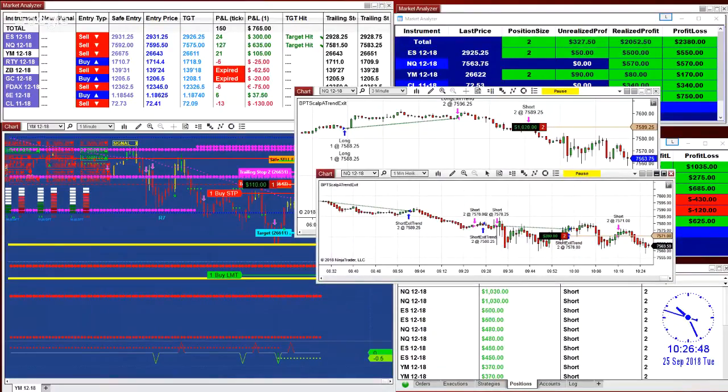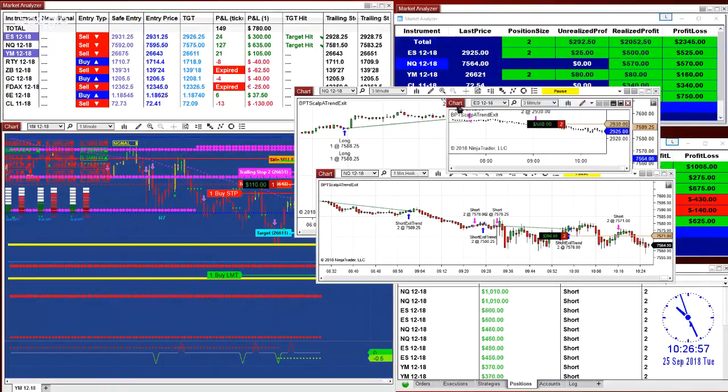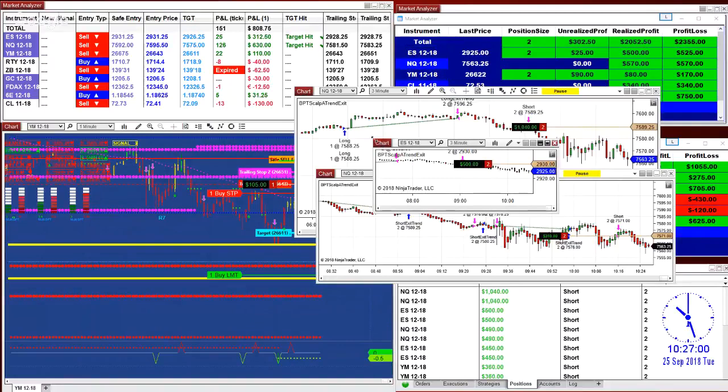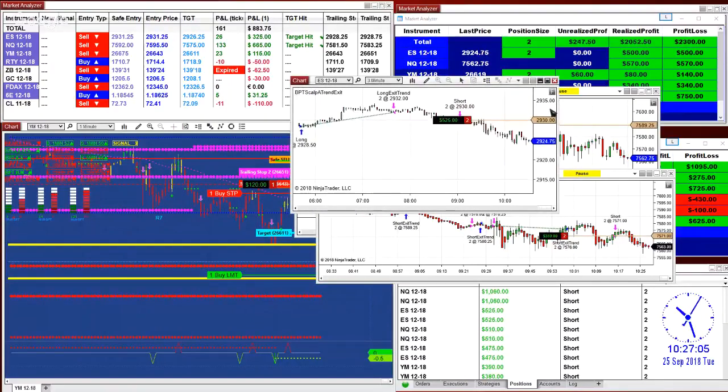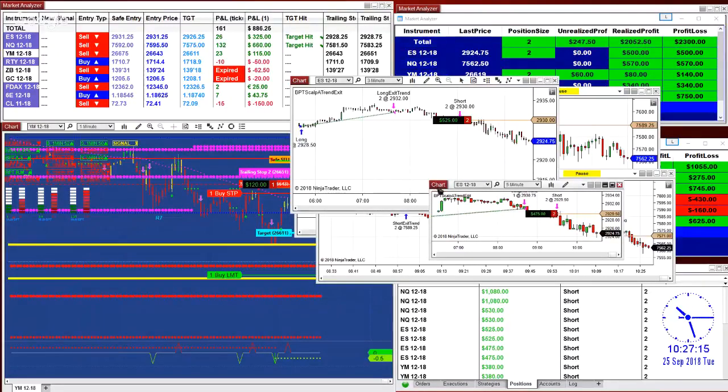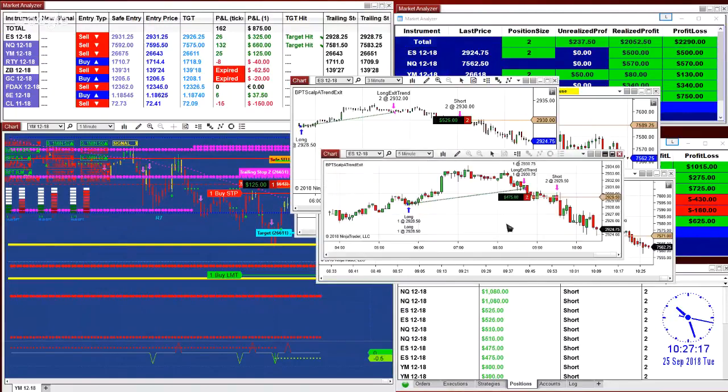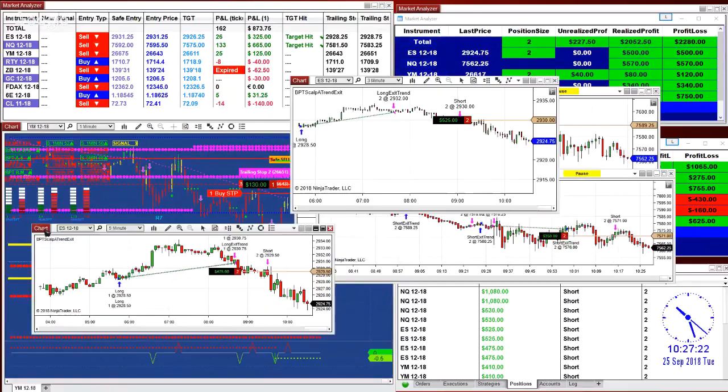We have a lot of chop market actually. On the ES, we have the 3 minutes still in the short, and also the 5 minutes still in the short. So on that trade, there is 475.